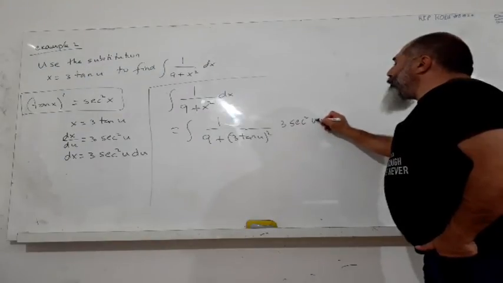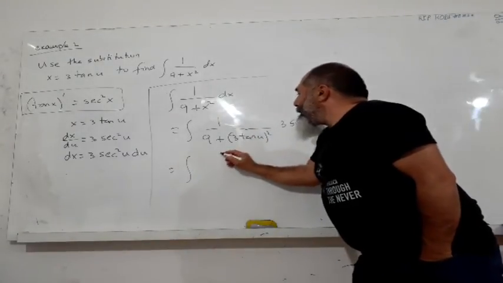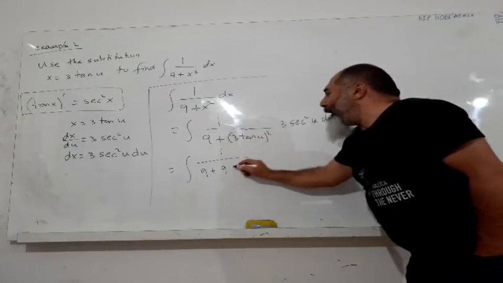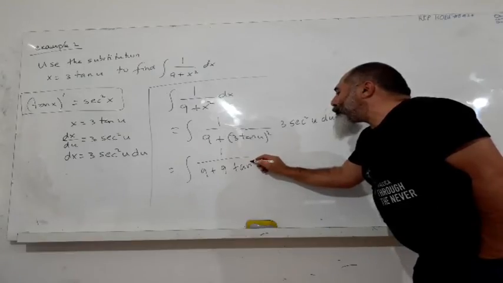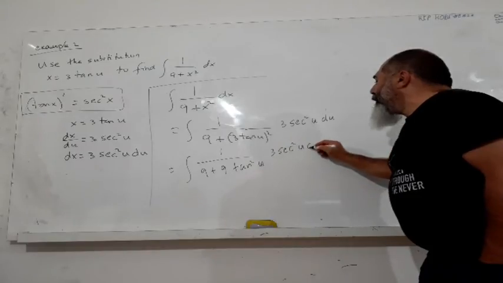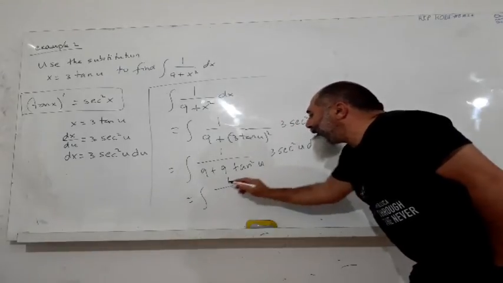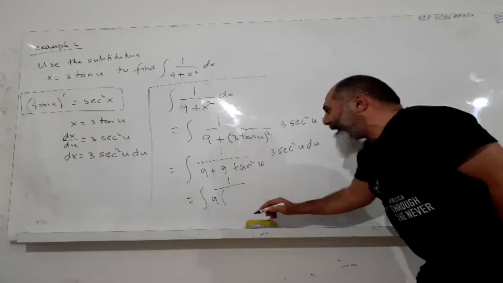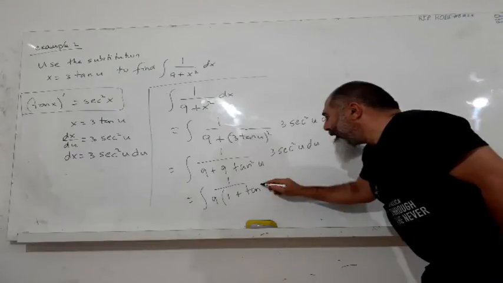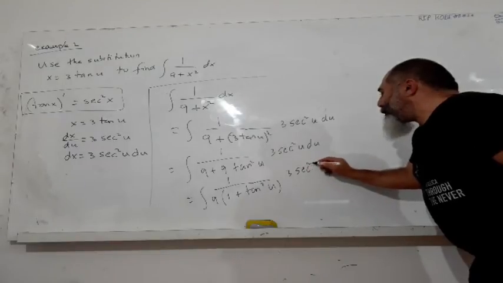What is the square of 3 tangent u? We have 9 there. That is going to be 9 tangent squared u, and we have 3 sec squared u there. And this will be 1 over, take 9 outside of the brackets, and in the brackets we are going to have 1 plus tangent squared u, 3 sec squared u du. And what is 1 plus tangent squared u?